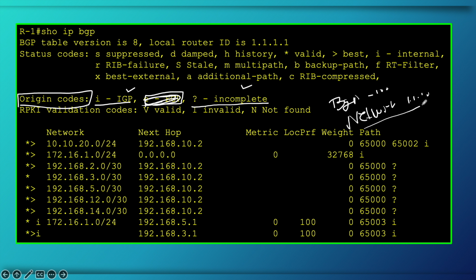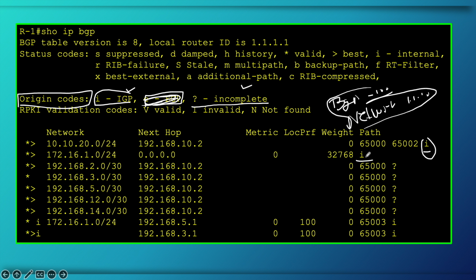That network, wherever it is generated within the AS number, will be considered as IGP, right? So where is it, here it is, right? So IGP, whenever i is mentioned after your network in that particular row, it means this network is generated via the network command within the BGP AS routing protocol, right?